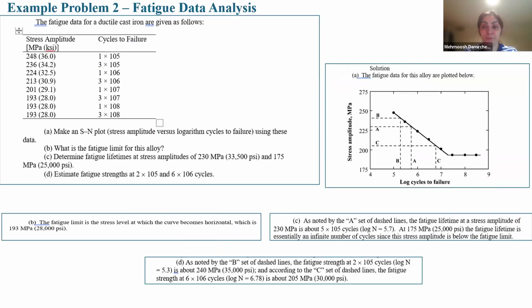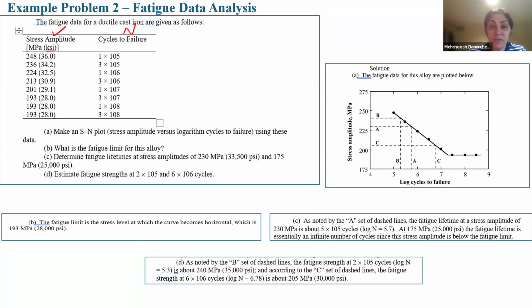Example 2. The problem says the fatigue data for ductile cast iron are given as follows. The stress amplitude is in this column in megapascals, or KSI inside the parentheses, and the cycles of life means N. You see here 10 to the 5, 10 to the 5, 10 to the 6. How do we do that?